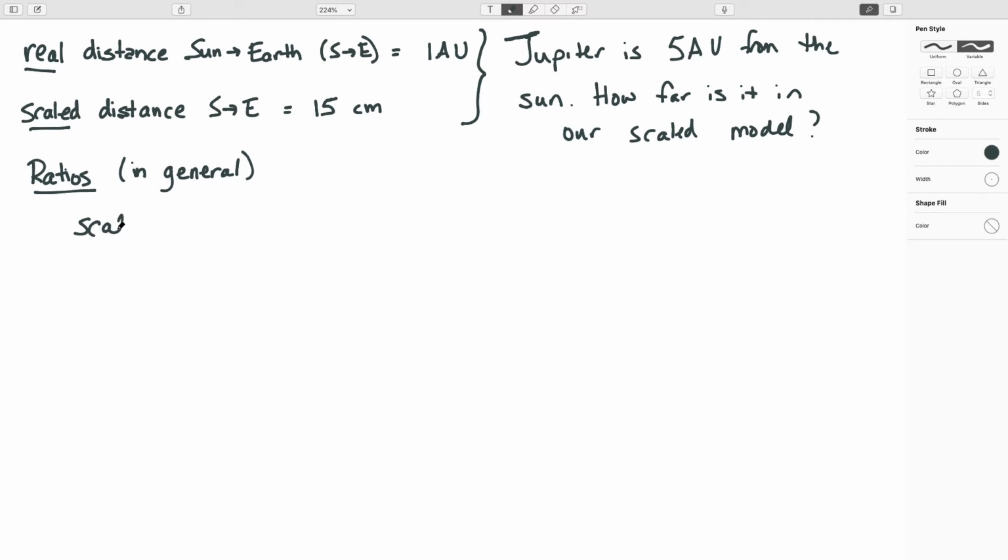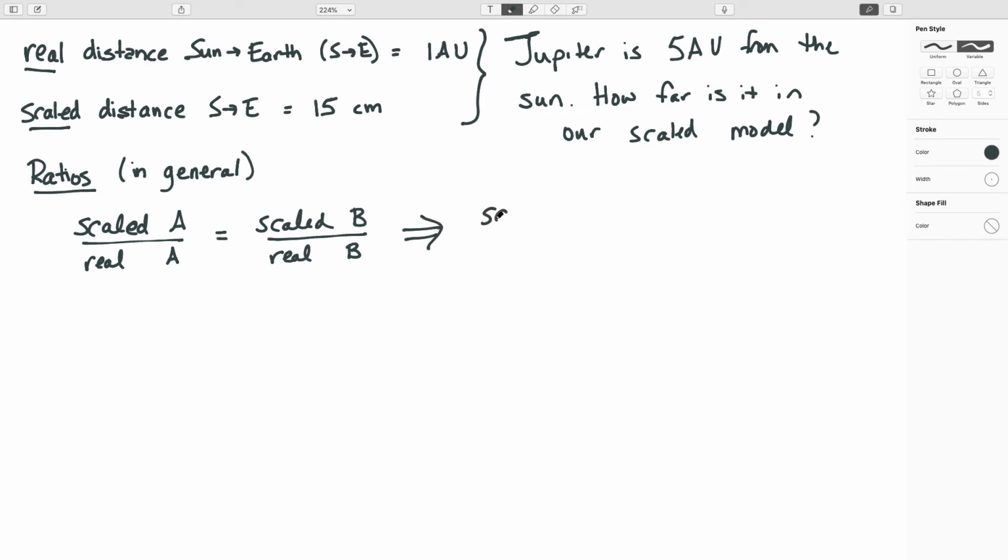We'll have the scale distance, we'll call it A, over the real distance to A, and then we're going to set that equal to the scale distance of something else divided by the real distance of something else. If this doesn't quite make sense to you, that's okay. I just want to have this written down, and once we go through an example, I think it'll make more sense. So let's actually use this to solve our Jupiter problem.